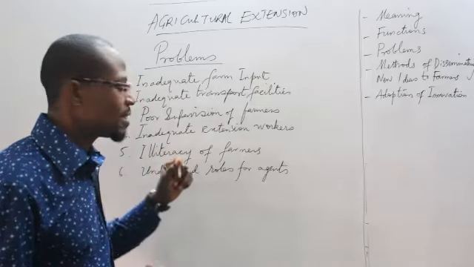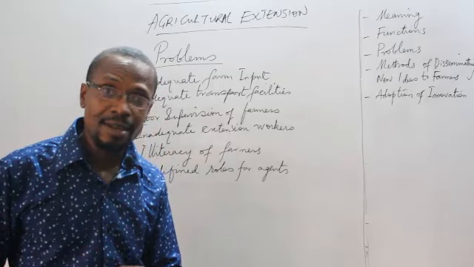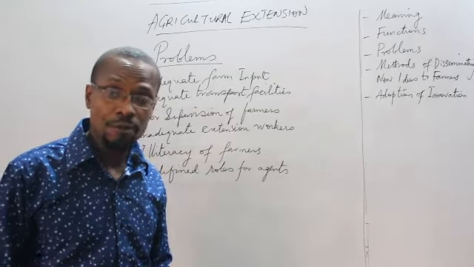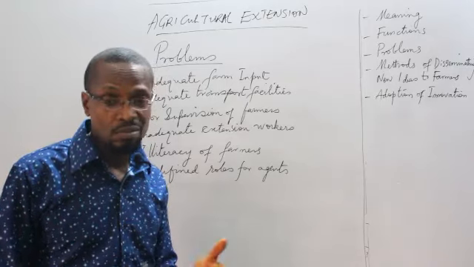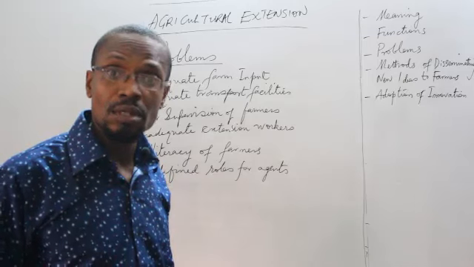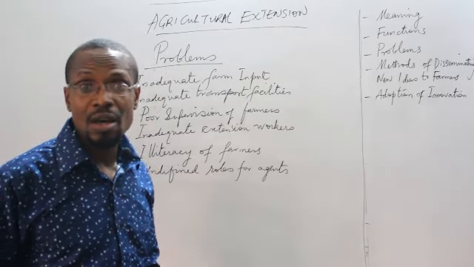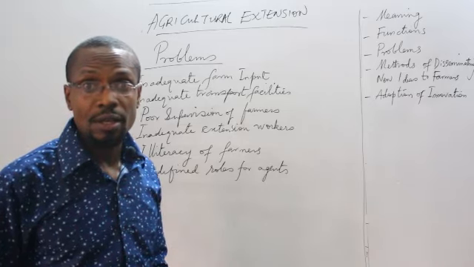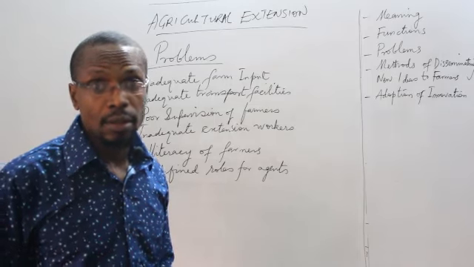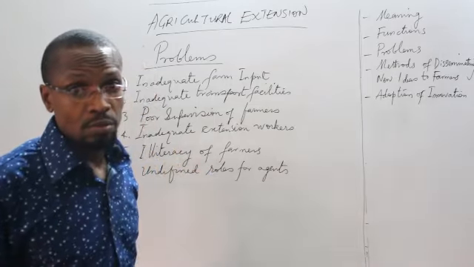Now, another challenge is illiteracy of farmers. So you find out that the extension workers may need to learn the local language of the farmers there, or maybe a bit of the broken English, that's what we call pidgin in the local parlance, or of course the Creole, might do.